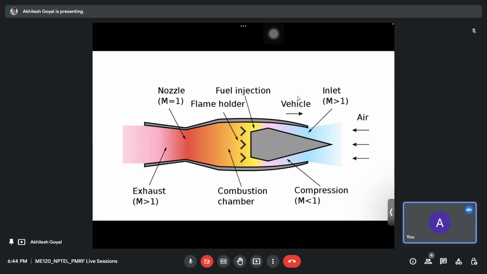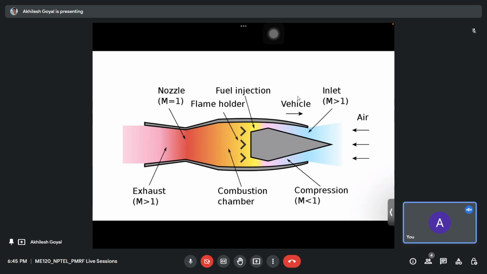Similarly, the velocity of the air always tries to push the air inside the inlet of this engine. Now here is how the name ramjet is defined. In the case of ramjet engines, the air comes directly without any use of any fan, and because of the velocity of the air, it goes inside the compressor.